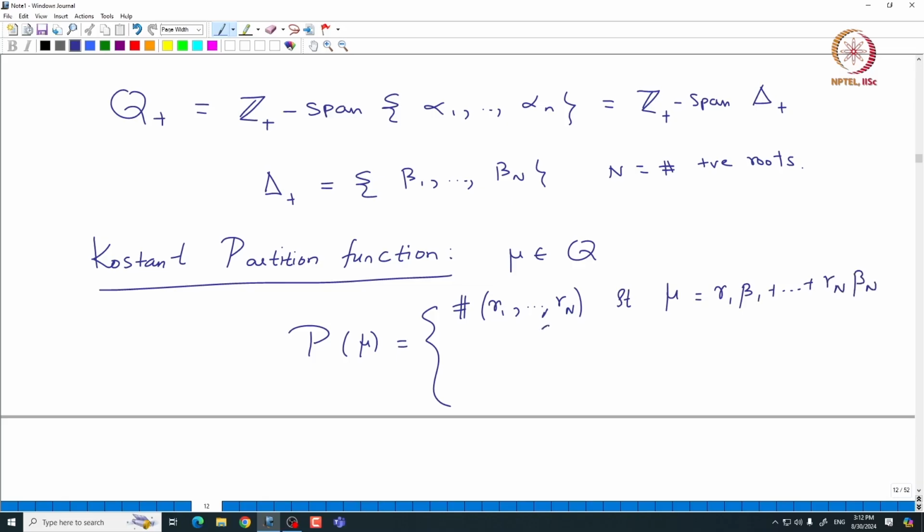Of course these tuples come from Z plus power n.